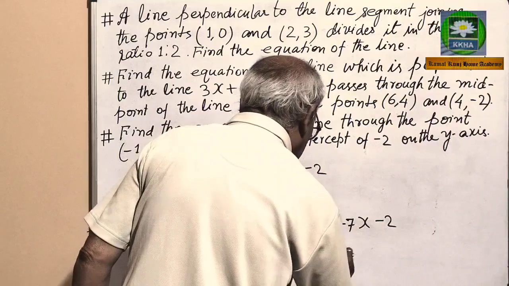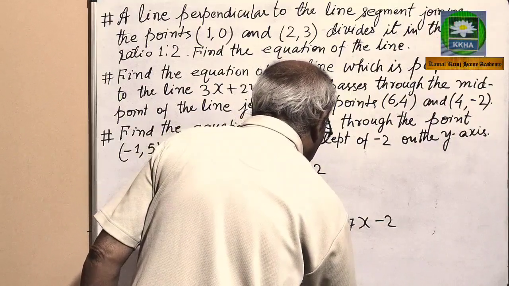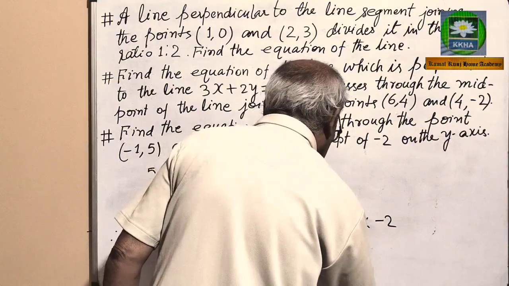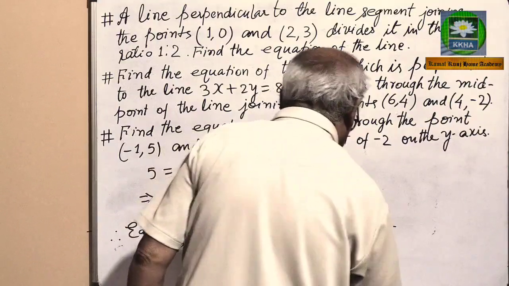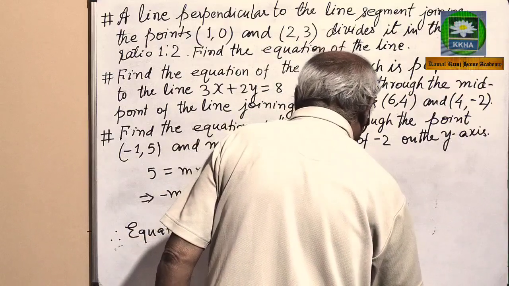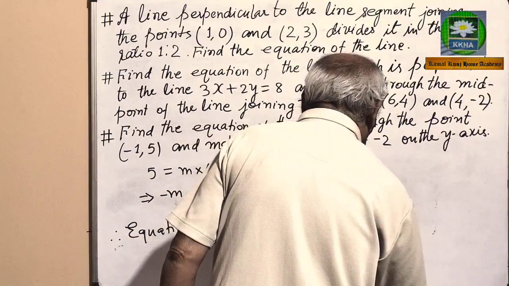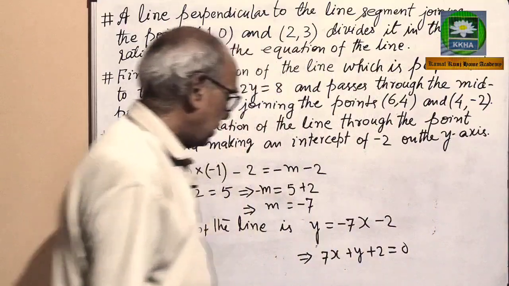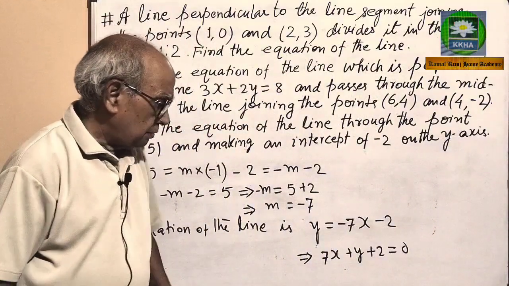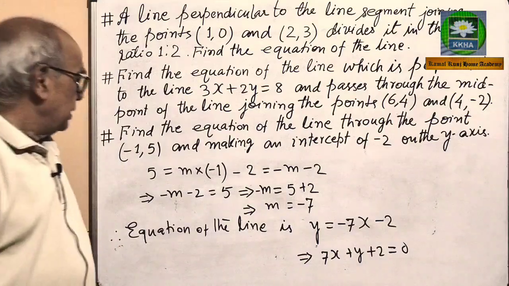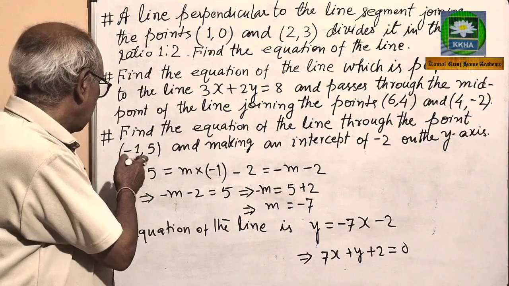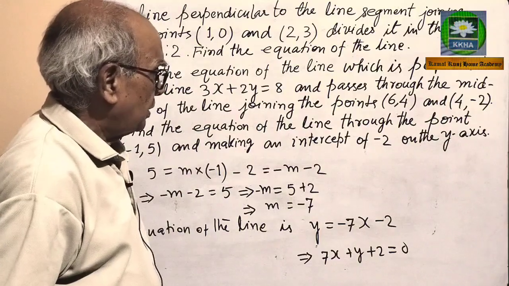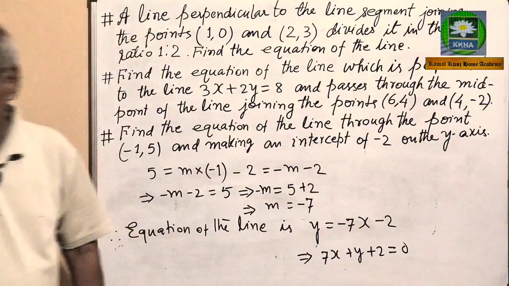This implies that 7x + y + 2 = 0. This is the required equation of the line which passes through -1, 5 and making an intercept -2 on the y-axis.